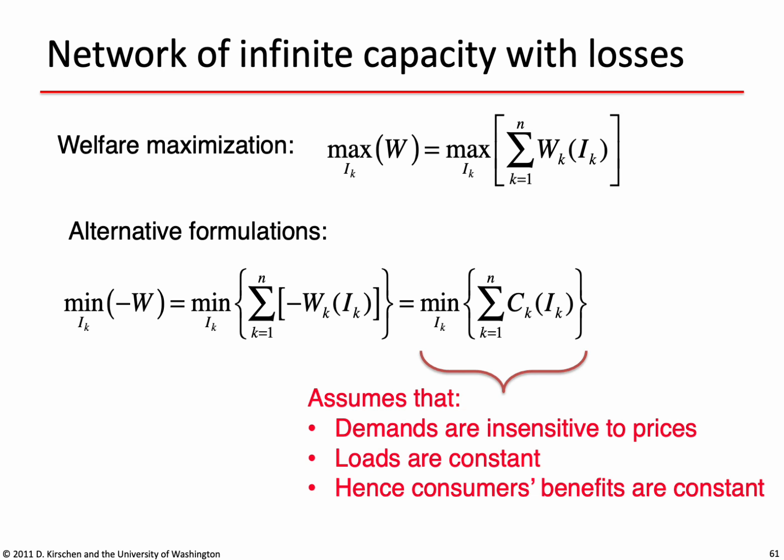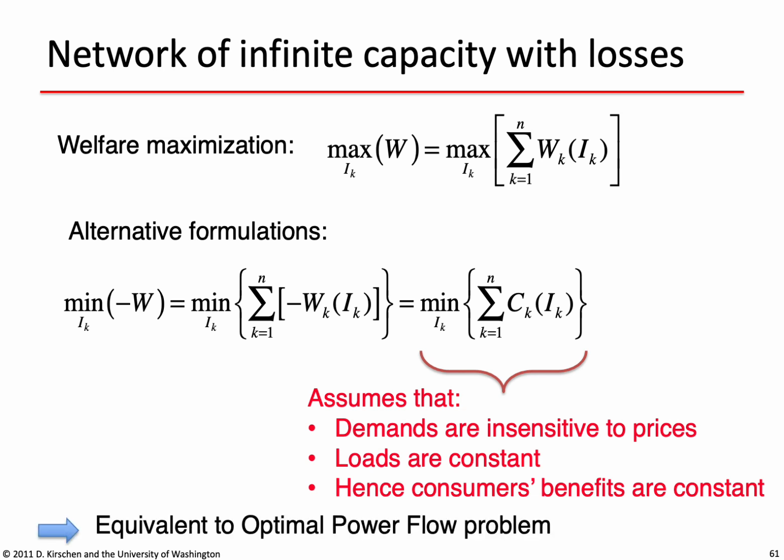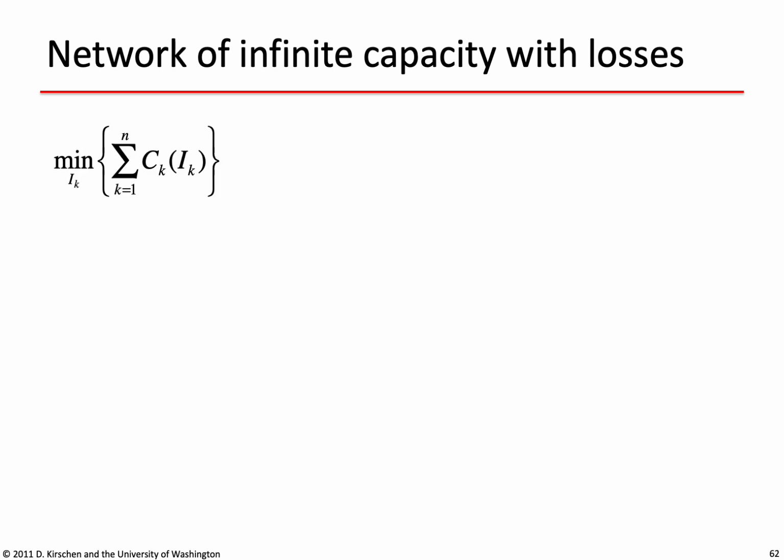And that is equivalent to an economic dispatch or an optimal power flow. So, we want to minimize the sum from k equals 1 to n of Ck of Ik by choosing these injections Ik. That's our objective function.